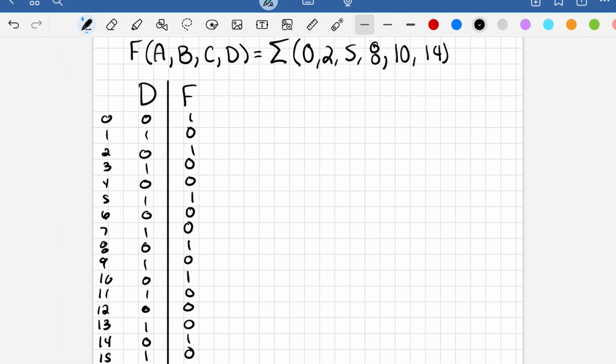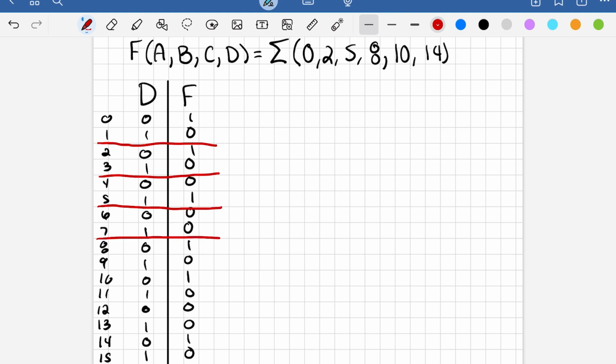Okay. Now, I'm going to break these up into twos, into pairs. And the reason I do this is because we have 16 parts. So 0 through 15 is 16.